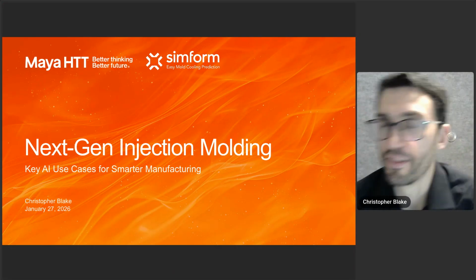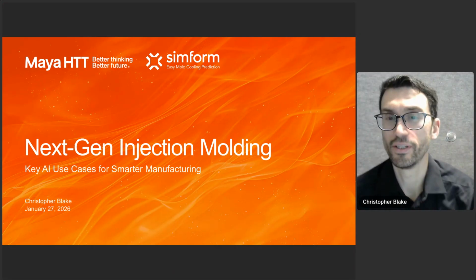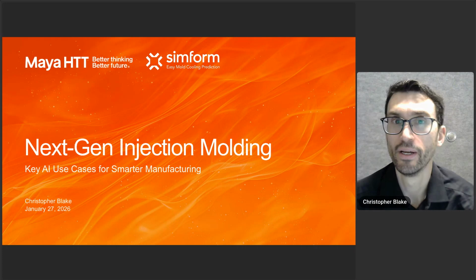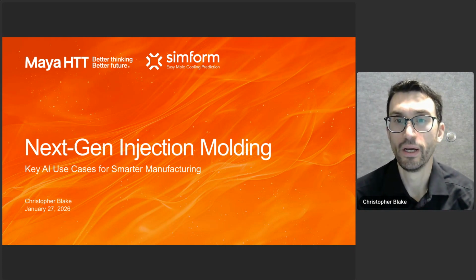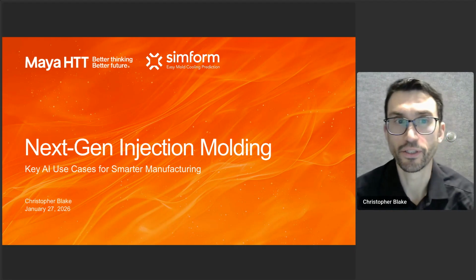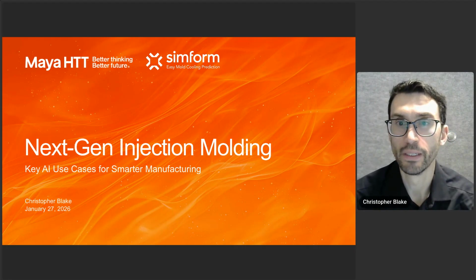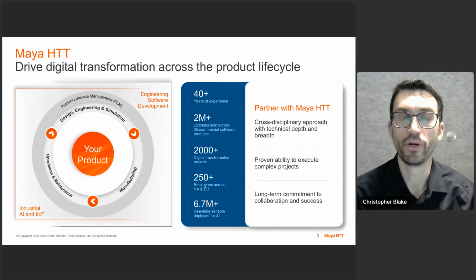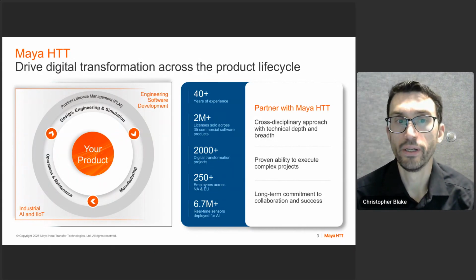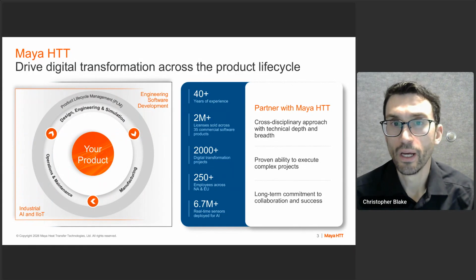Hi, everyone. Thanks for that nice introduction and for attending today's webinar about key use cases for AI in the injection molding industry. I'll start off with just a little bit of background about our company called Maya HTT.